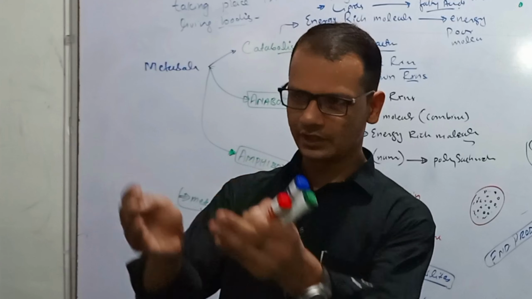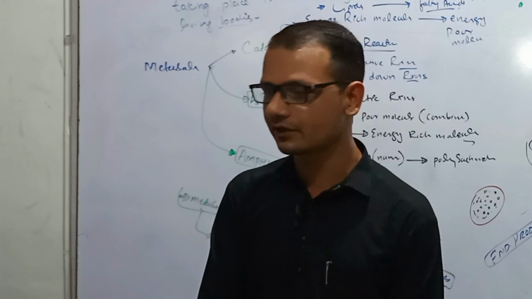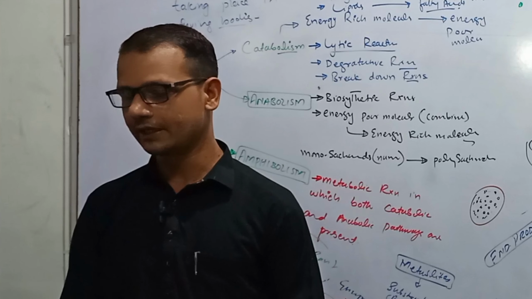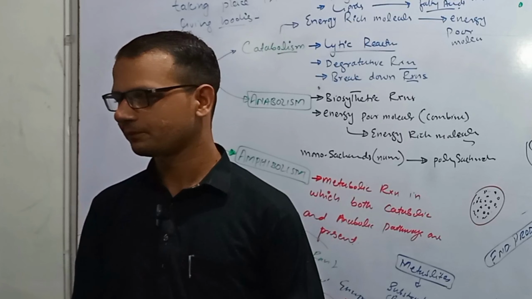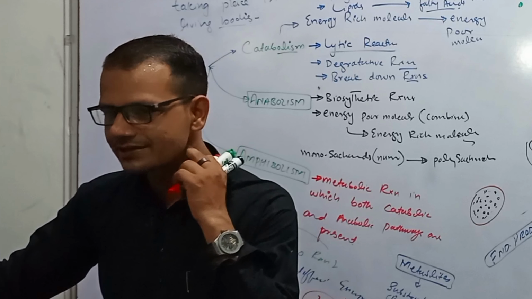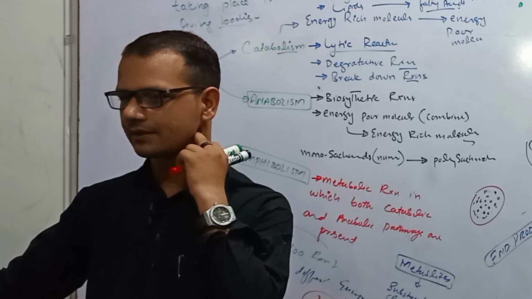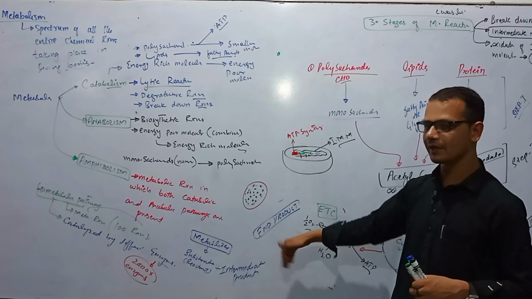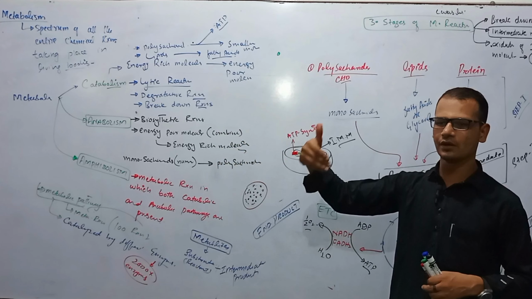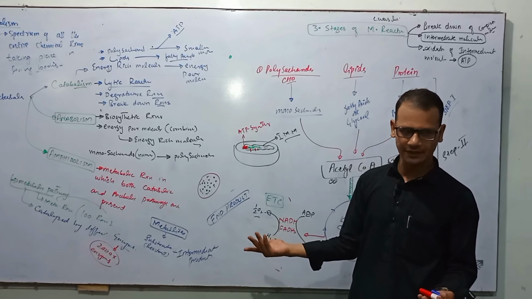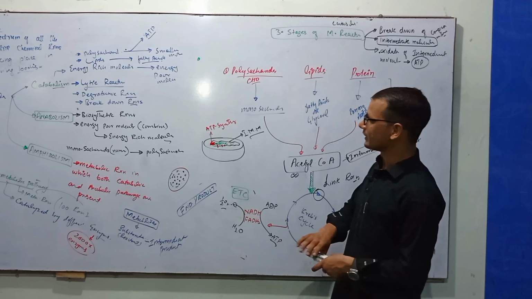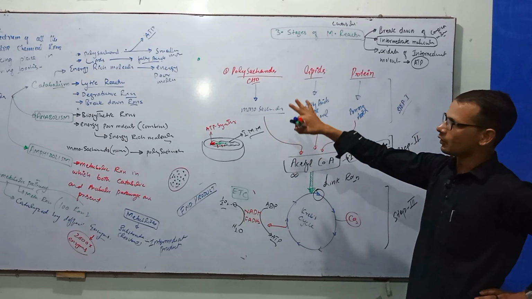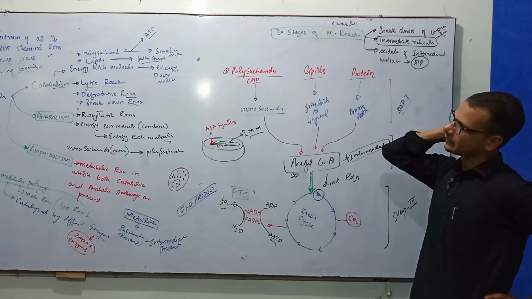If the glucose is converted into pyruvate, this is the end product of glucose, right? The end product of the Krebs cycle is oxaloacetate, right? So these are the end products which form at the end of the reaction. The whole result of the reaction is called the end product, right? So this is just the clue about metabolism, right?